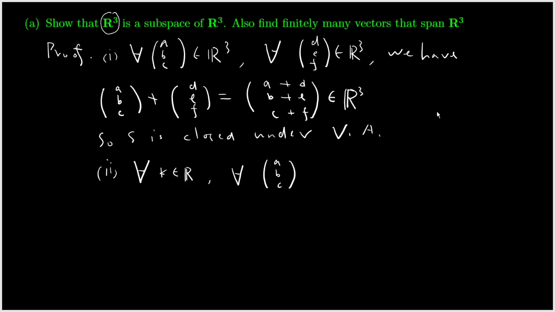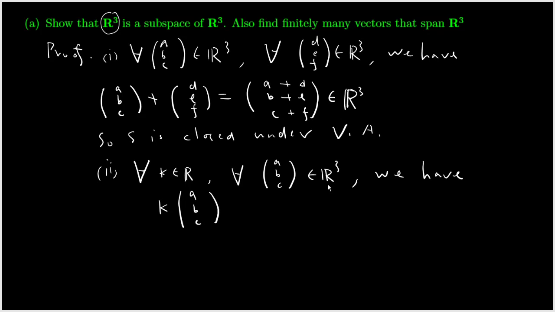Any vector in R3 has three components, right? We want to calculate the scalar multiple of this number K and the vector ABC. You use the number to multiply the vector.